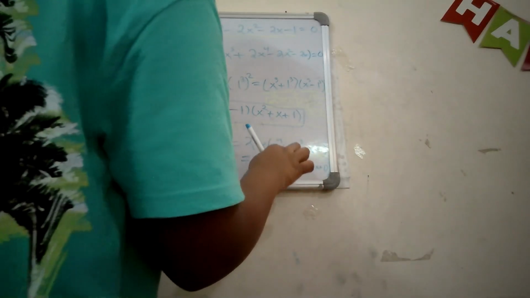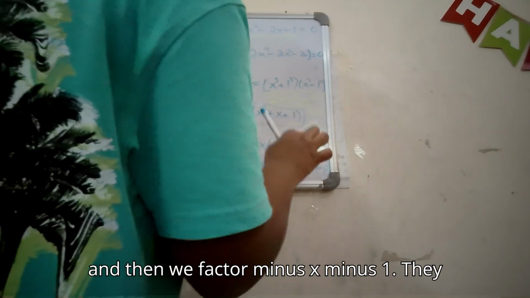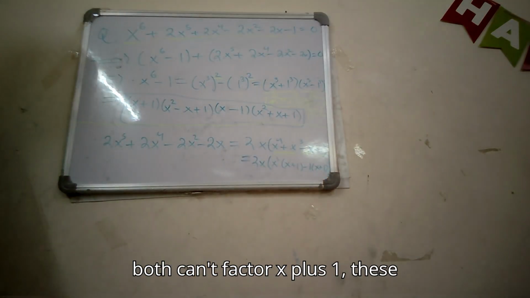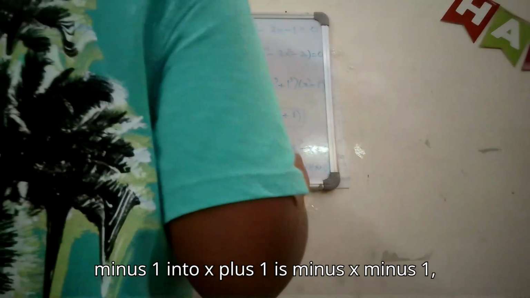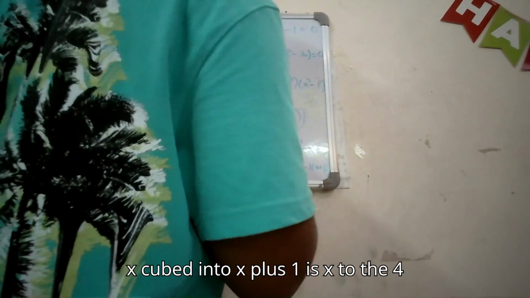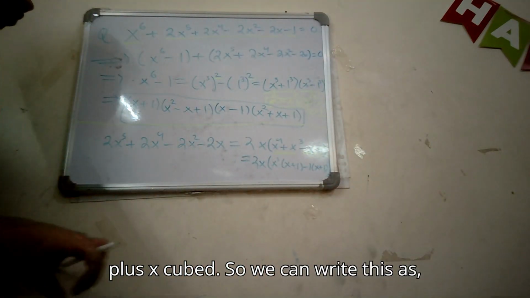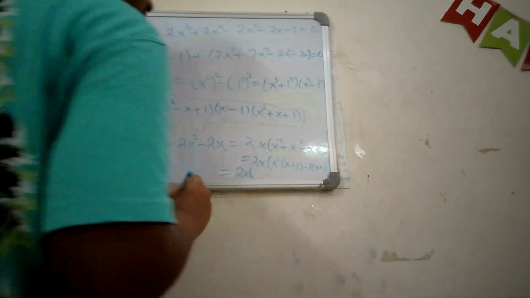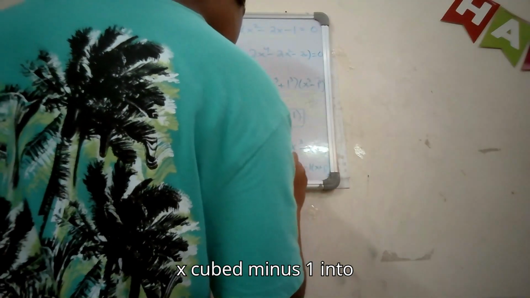When we factor x to the 4 plus x cubed, and then we factor minus x minus 1, they both share the factor x plus 1. Because minus 1 into x plus 1 is minus x minus 1, and x cubed into x plus 1 is x to the 4 plus x cubed. So I can write this, finally, as 2x into x cubed minus 1 into x plus 1.